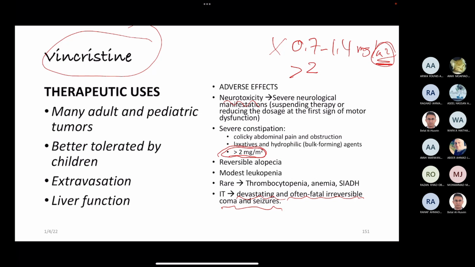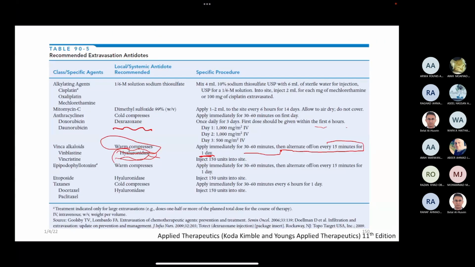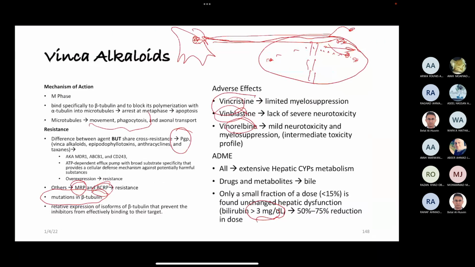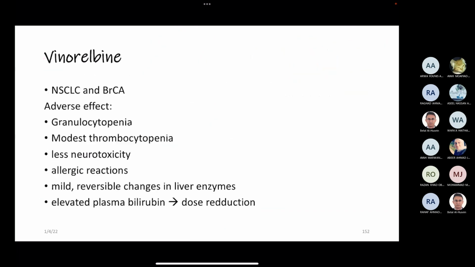For effect on myelosuppression, it causes modest leukopenia and rarely thrombocytopenia, anemia, or SIADH. Unlike vincristine, we have vinorelbine. It's used for lung cancer and breast cancer. I think for lung cancer they use it, but double check. So they use it for non-small cell lung cancer.